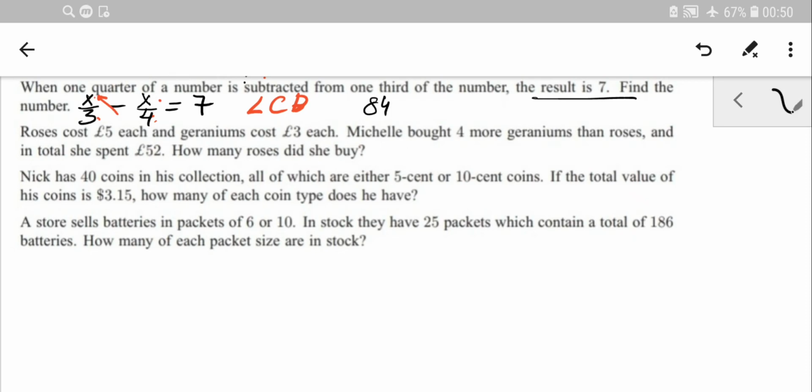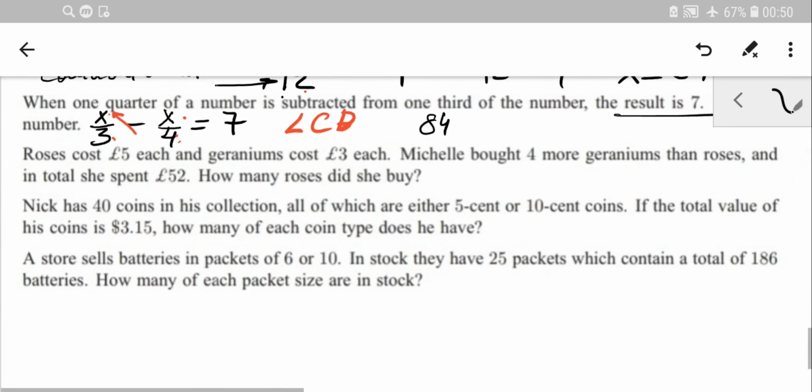All right, so a rose costs 5 pounds each, so 5 per rose multiplied by rose quantity R, and geraniums, I put G for that, 3G. The result equals 52 pounds in spending.